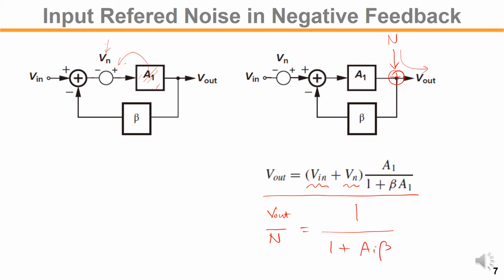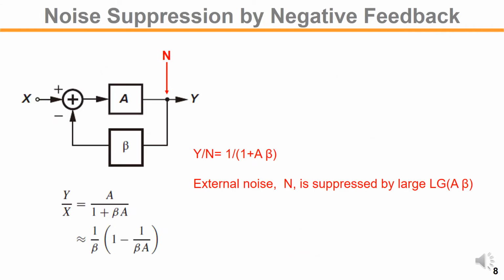So in this case, if the noise is added externally, the external noise here is suppressed by the loop gain, right? Noise is suppressed in this case. So when external noise is added at the output, the overall transfer function is like this, and the noise is suppressed by the large loop gain, right?